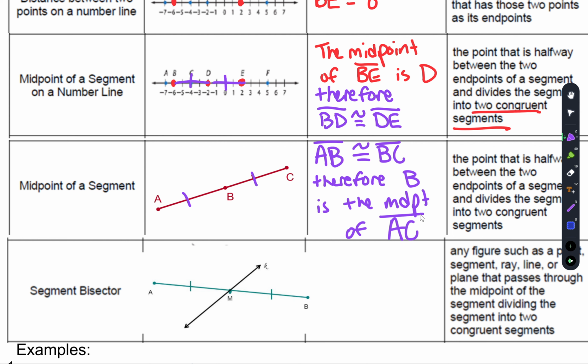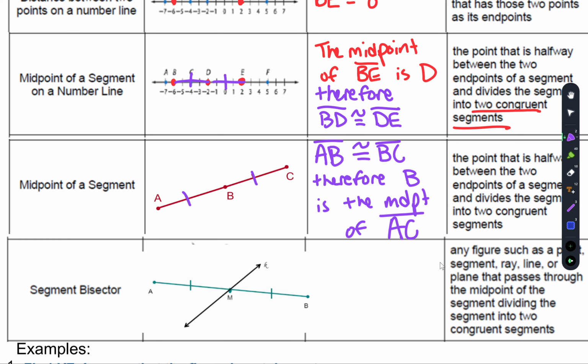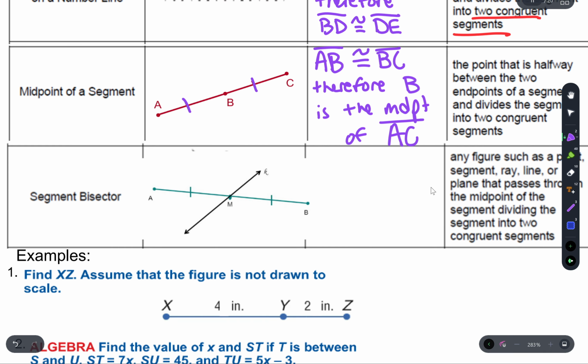Any questions on that? So midpoint is always going to be referring to a point. It's in the name, midpoint. But sometimes we have things that cut other things in half that are not points all the time. We call those segment bisectors. That word bisector literally means to cut into. Bisect, cut.